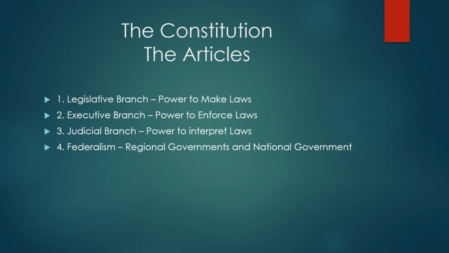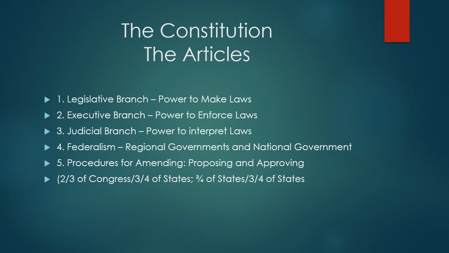And Article 4 deals with how that's going to work. That's kind of a complicated thing, and there are other parts of the Constitution that deal with this as well. The basic role of the states versus the national government, Article 4 develops that conversation.